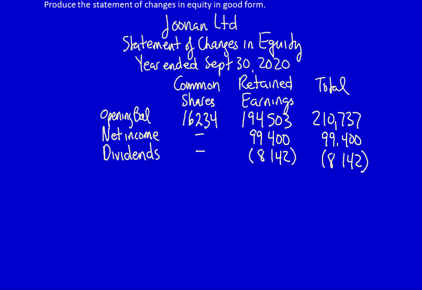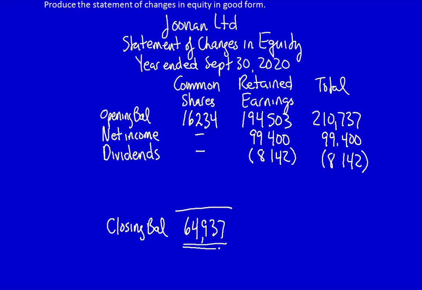Finally, we need to recognize that shares may have been issued or repurchased. How can we figure out which happened? Well, we look at the closing balance. We know the closing balance to common shares because it was given on the listing, $64,937.